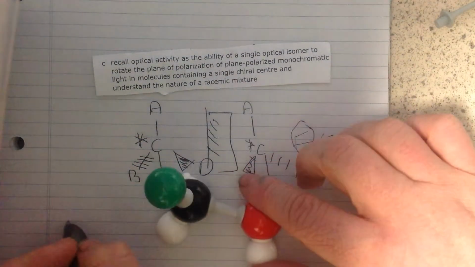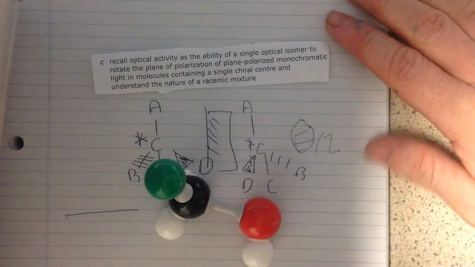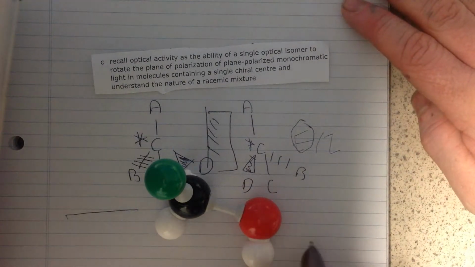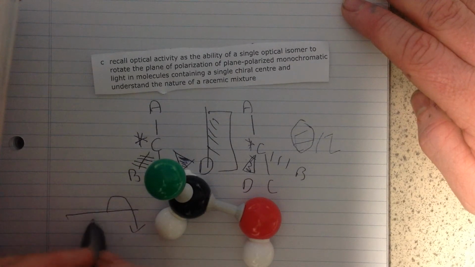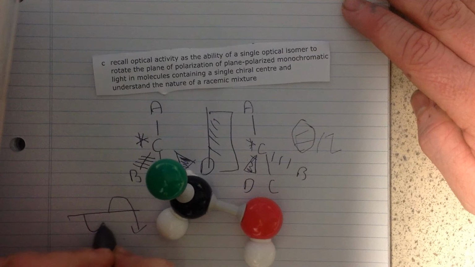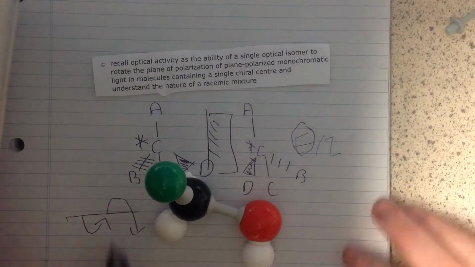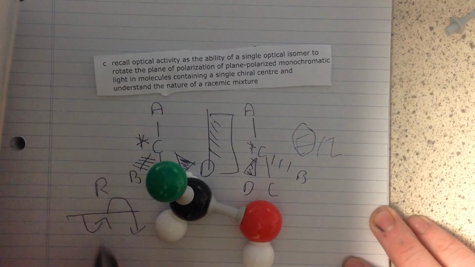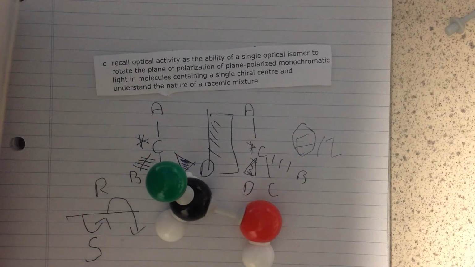So if I hit this enantiomer with a plane of polarized light, depending on which enantiomer it was, it would rotate the light either clockwise or counterclockwise. If it is an R isomer, it's going to rotate it clockwise. If it's an S isomer, it's going to rotate it anti-clockwise.